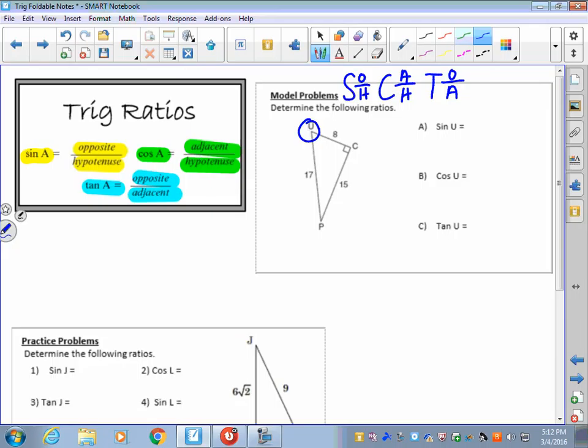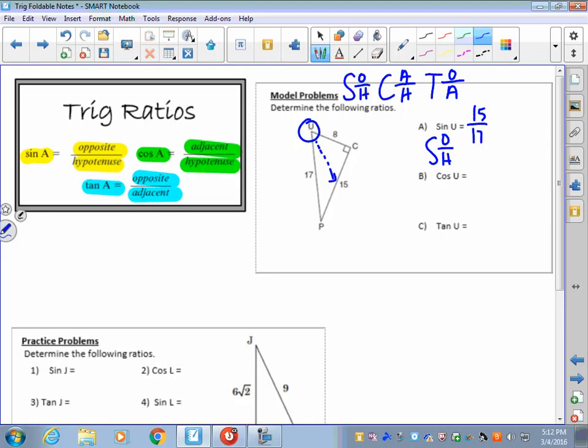So we circle that angle, and since sine is opposite over hypotenuse, I first have to look at the opposite. Opposite is the 15, and the hypotenuse is always the longest side, which is opposite the right angle. And so I just write the ratio 15 over 17. Basically, the sine of angle U equals the ratio 15 over 17.